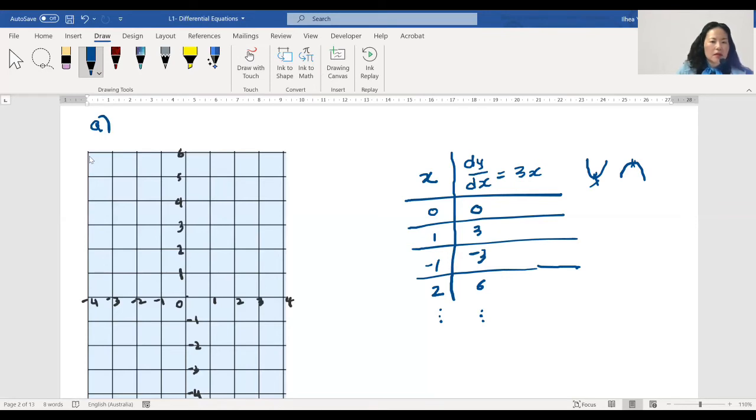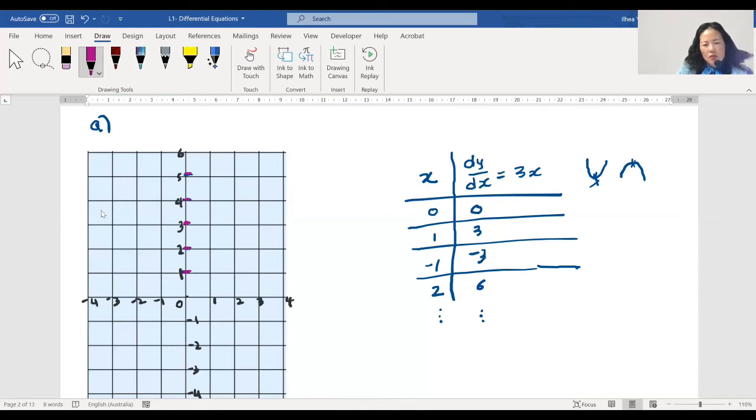Okay. So how do we show it on the number plane here? I will actually show you here. When x equals 0, that's the y-axis, and its gradient is 0. So it's going to be flat, right? Because it's a stationary point. And then 1 is 3. And then when you look at 2, it's 6.